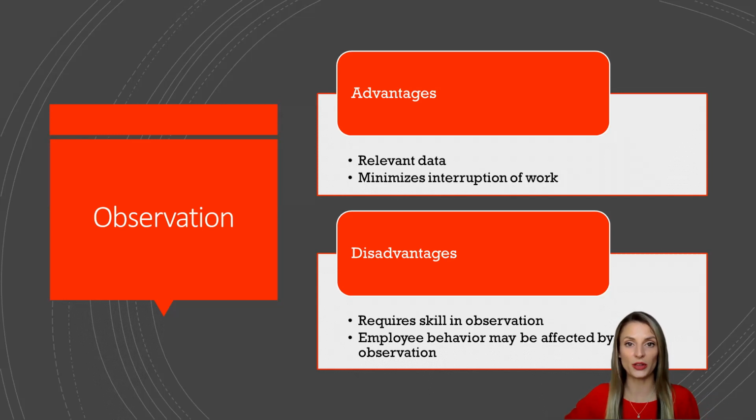One of the most popular methods is observation, simply watching people do their jobs in their natural work environment. We don't interrupt them, we don't interact with them. This allows us to collect highly relevant information that isn't impacted by employees' bias, although observers' bias does play a role.